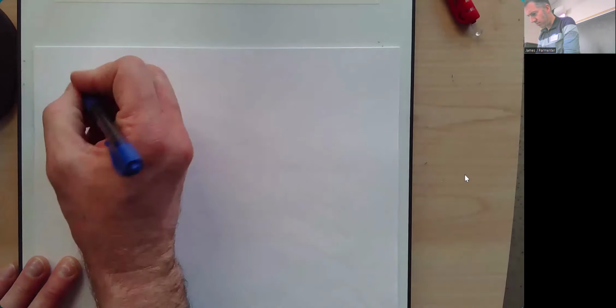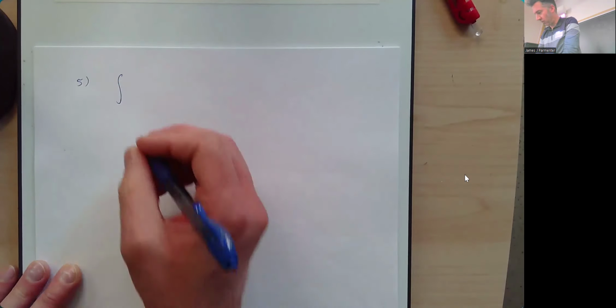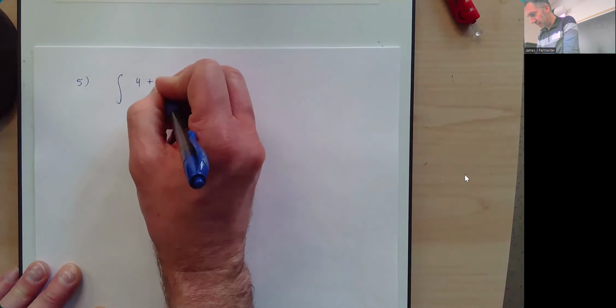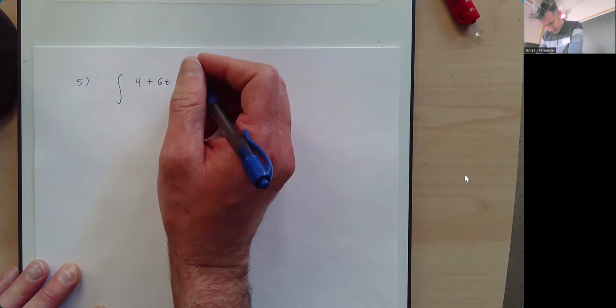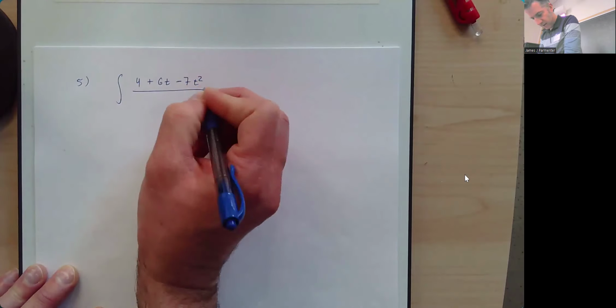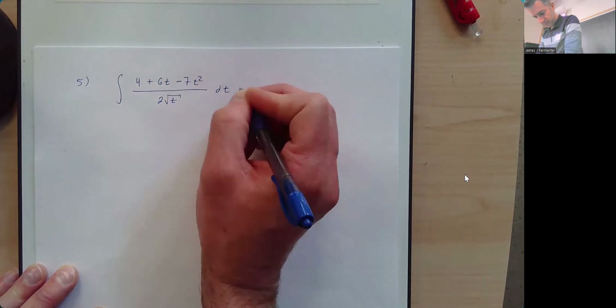Ooh, new variable. I mean, it's not really any different, but we have the antiderivative, or the indefinite integral, of the quotient 4 plus 6t minus, I think that's a 7t squared, hard to read, divided by 2 times the square root of t, dt.